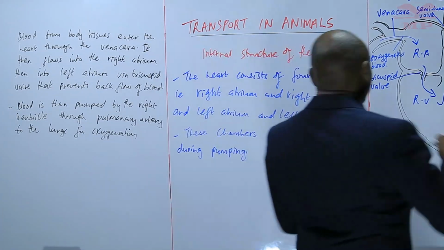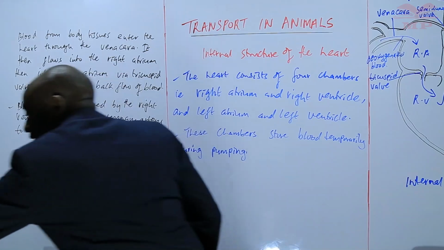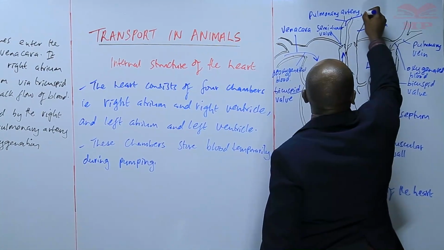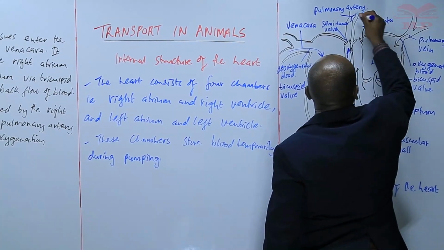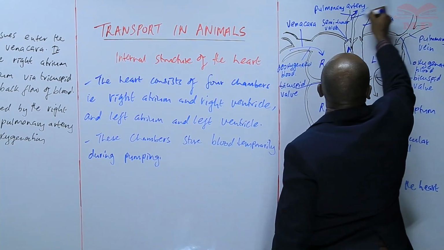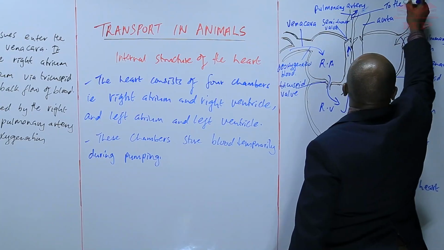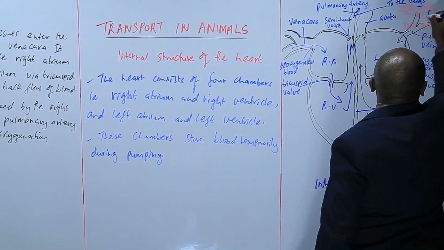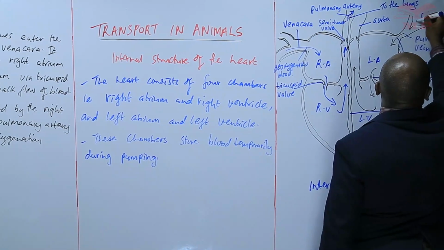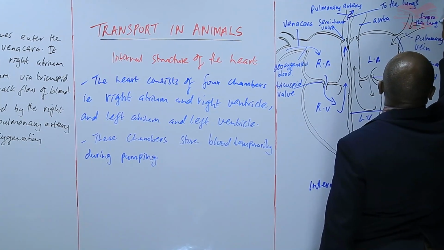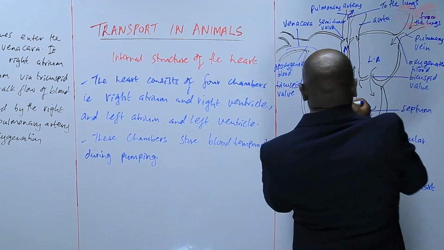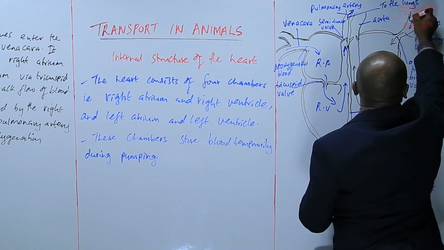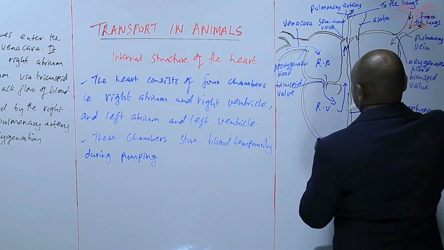So this blood here, just to indicate, is heading to the lungs, and the one that is coming back to the heart is the oxygenated blood from the lungs.